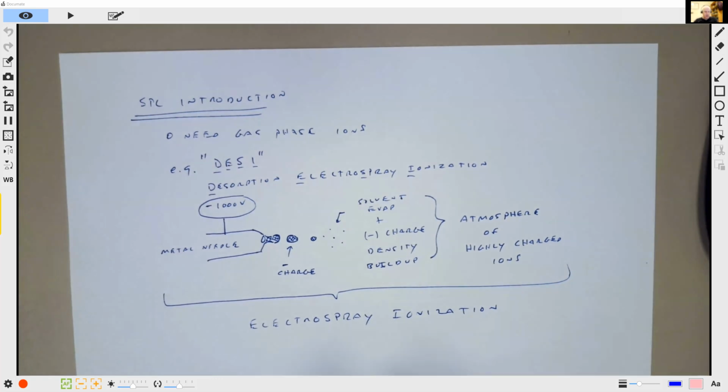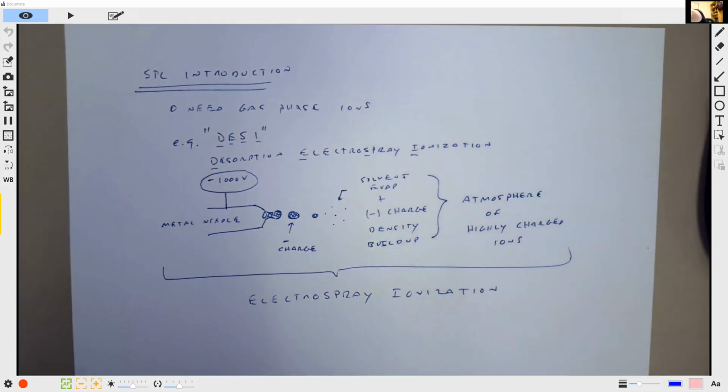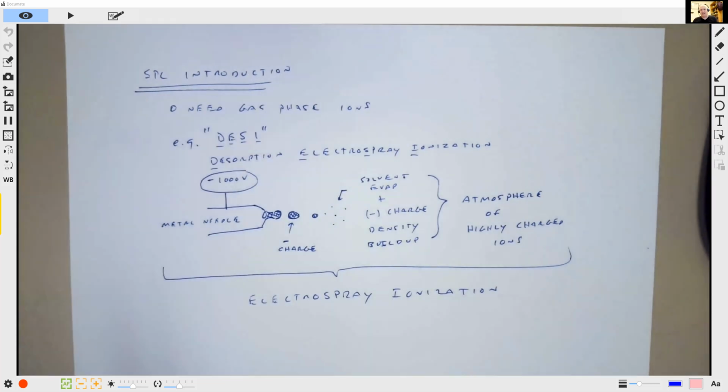And there's a fascinating story behind this. A guy named John Fenn, he recently passed away, I think. He was a Yale chemist, and he developed electrospray ionization. And he's one of the few people that can get away with copyright infringement on Disney, because in his talks, he used to always use Dumbo.